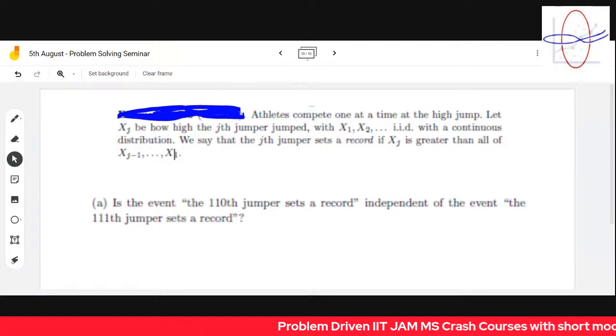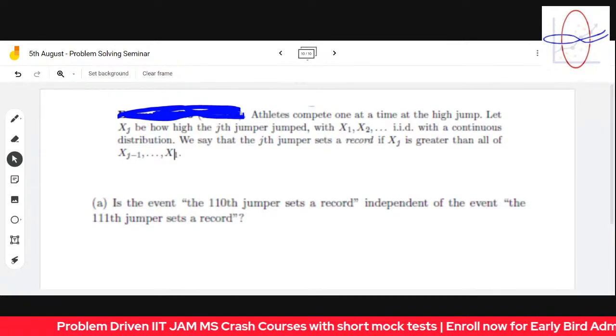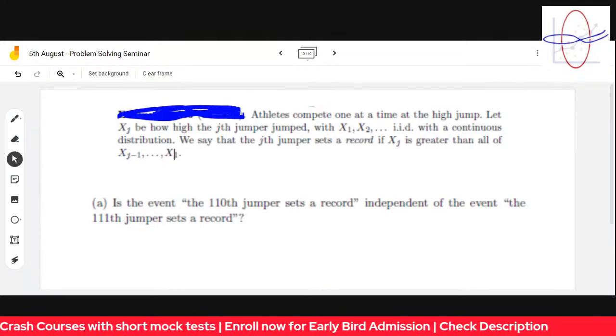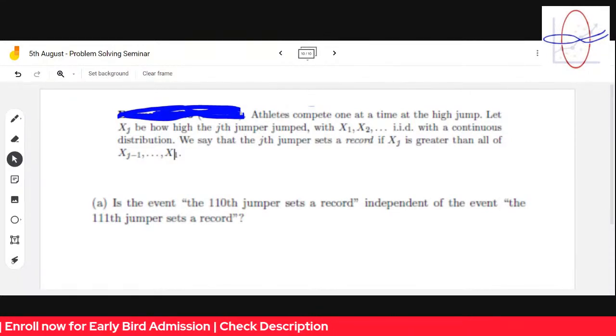What do you think? Let's think about it logically. What do you think, guys?